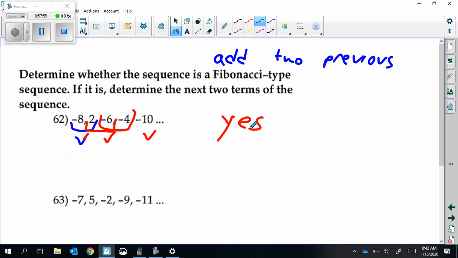Just pick the 2 terms and see if you get the next one. And try it for most of the way through it, as much as you can. Add up the first 2, you get -2. Add up the next 2, that'll be 3. No. It's weird though, because the next one actually works.